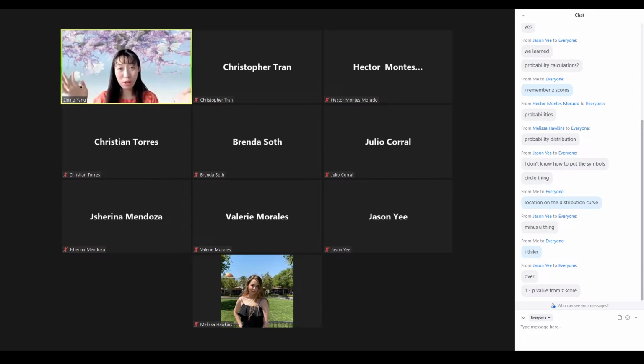Or you simply go to the table, right? We have the standard normal distribution table. In that table, the rows indicate the first decimal place and the columns indicate the second decimal place of the z-score. Once you locate the row and the column, the value at the intersection displays the probability of any value lower than or equal to your x value. So that's the probability we learned from last week.